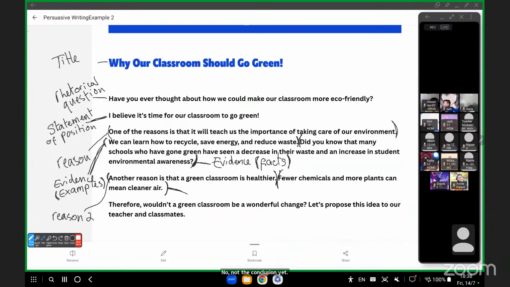What's this one? Very good, Alexander. It's an example. So it's our evidence. It is an example.